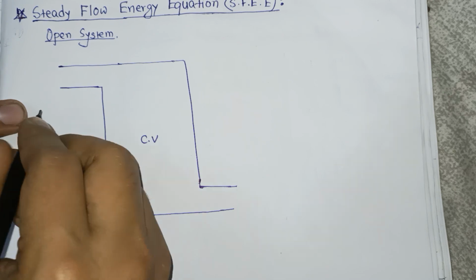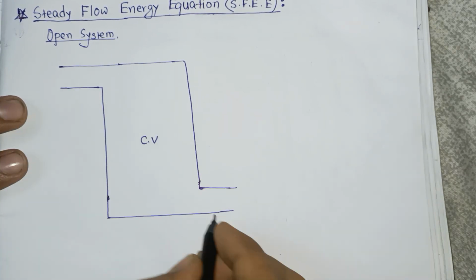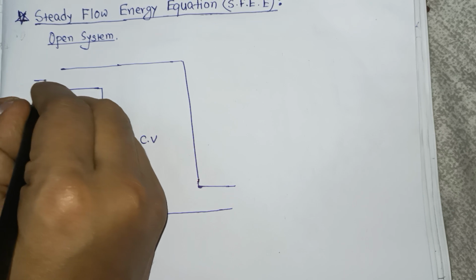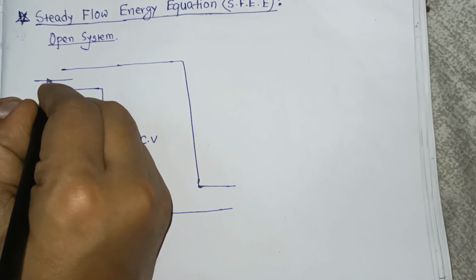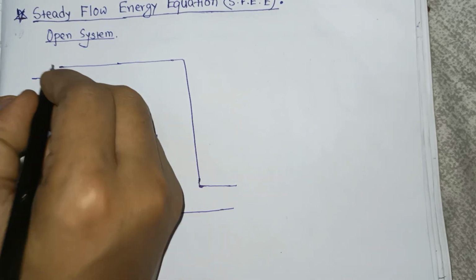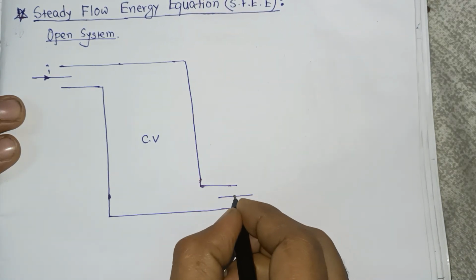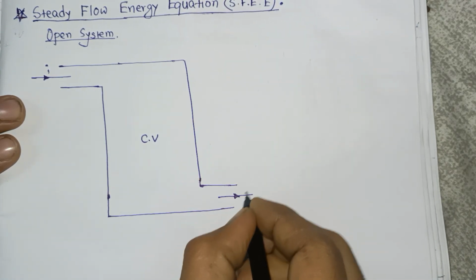In this control volume there is an inlet and there is an outlet, or exit. So suppose this is our inlet, I, and this is the exit, E.